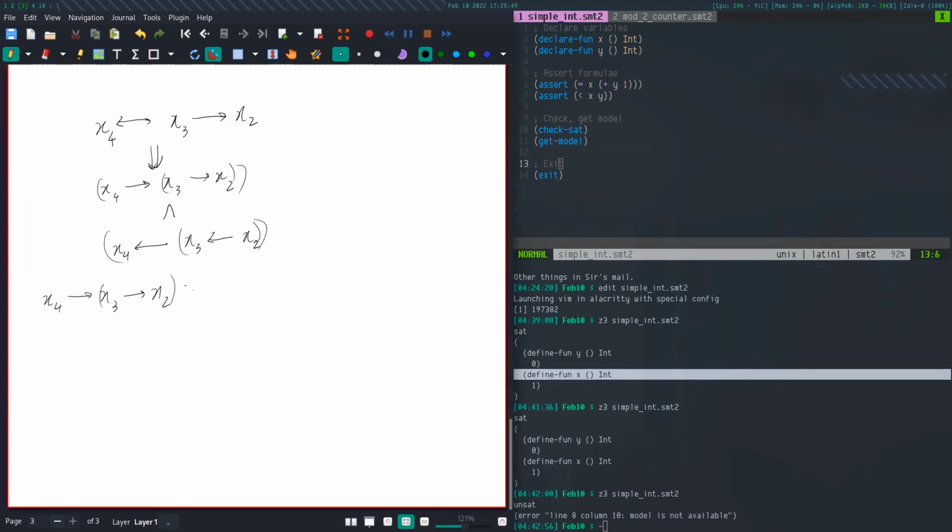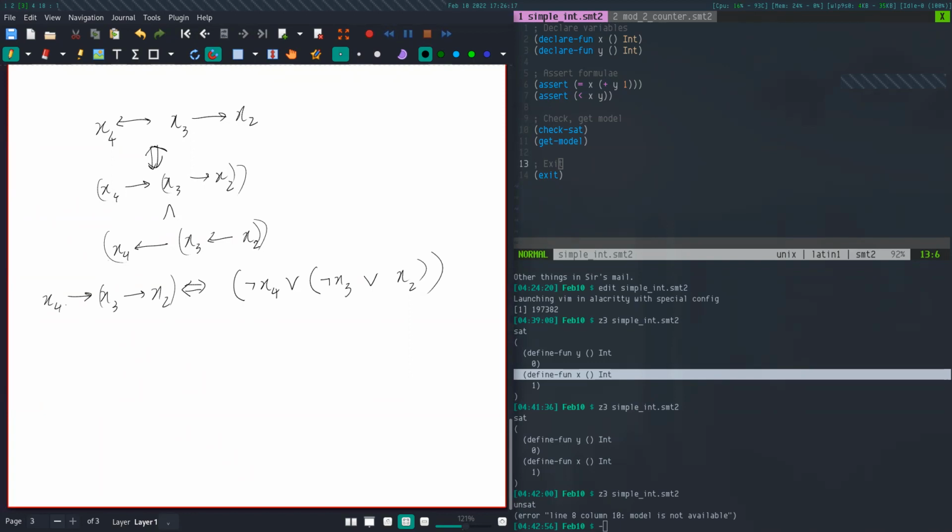For this one, we can use the definition of implication to break this. This will be equisatisfiable with not x4 or (not x3 or x2), right?